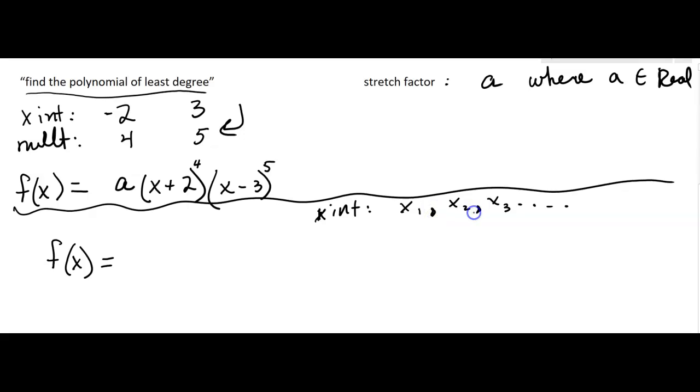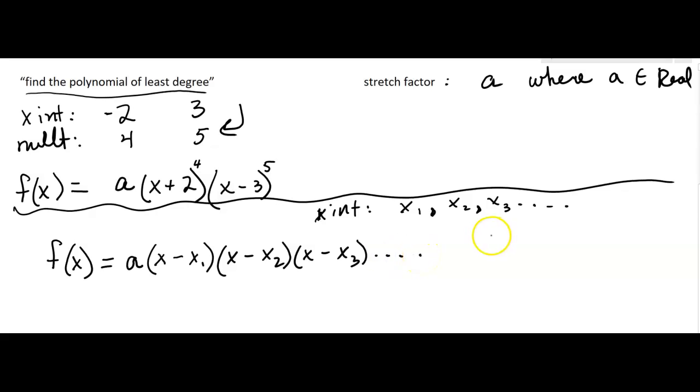We don't know how many x-intercepts they're going to give us. Remember, we can have a lot of x-intercepts. But they're going to give those to us, or we're going to be able to find them. Then in your polynomial of least degree, a is the stretch factor, and then each factor is going to be x minus x sub 1, x minus x sub 2, x minus x sub 3, and so on, as many x-intercepts as we have.